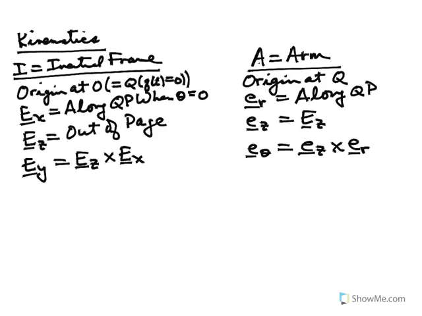So you're going to see that the relationship between the coordinate systems, at least as far as the bases are concerned, is the same as what it was in the previous problem. But now we have to be really careful when we actually apply angular momentum.